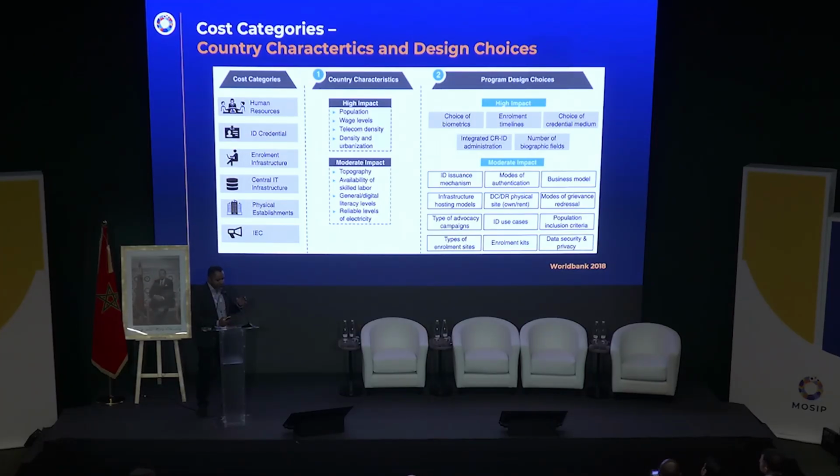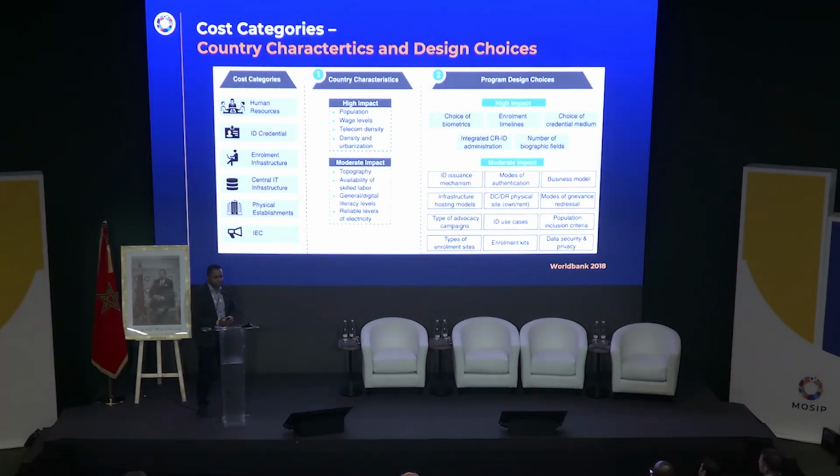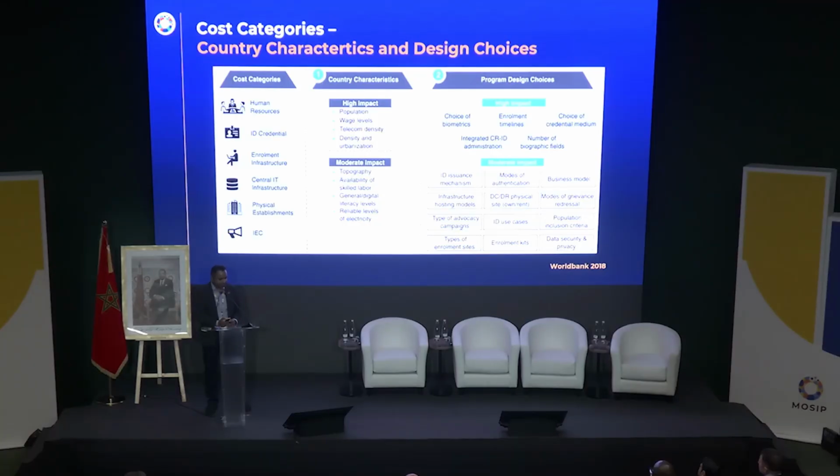It has divided the ID system into 6 cost categories. The first one is human resources. Second is ID credential. Third one is enrollment infrastructure, central IT infrastructure, physical establishments, and IEC. Now, each of these cost categories is further divided into country characteristics and program design choices and impact level.